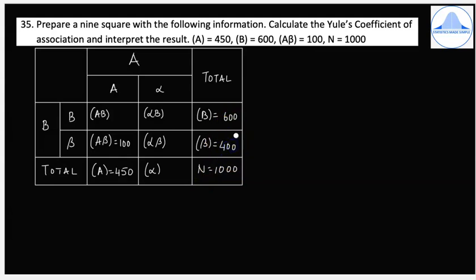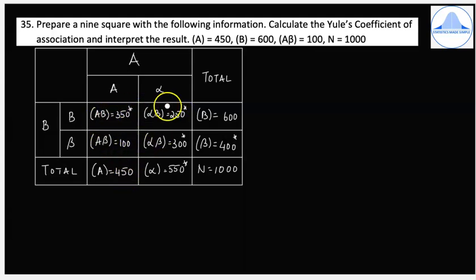I'll denote it with an asterisk. Similarly, 1000 minus 450 will be equal to 550. Again here I'll put an asterisk. 400 minus 100 is equal to 300. Similarly, 550 minus 300 will give us 250. And 450 minus 100 will give us 350.